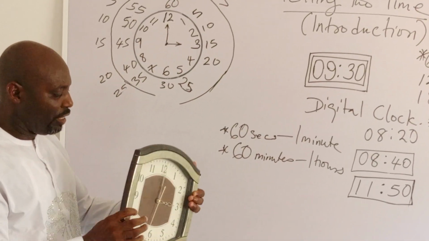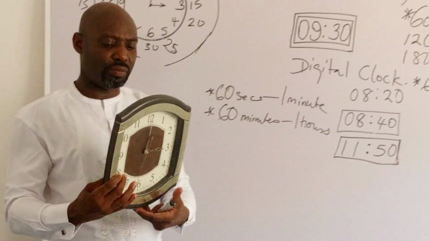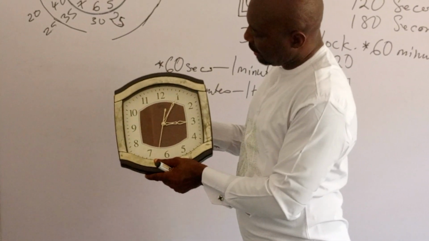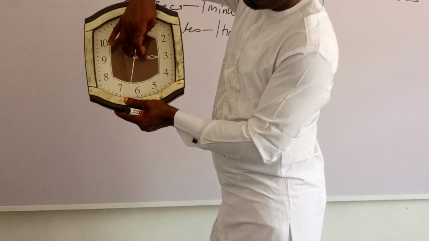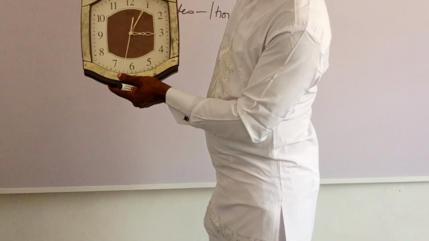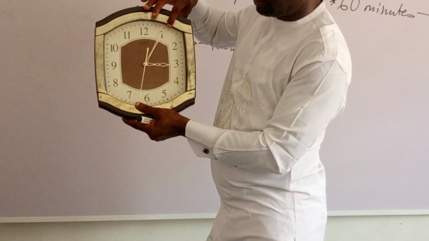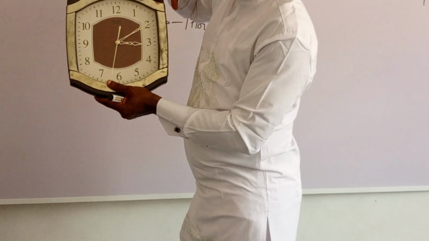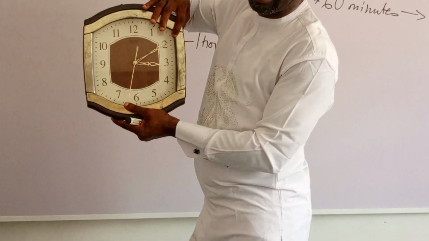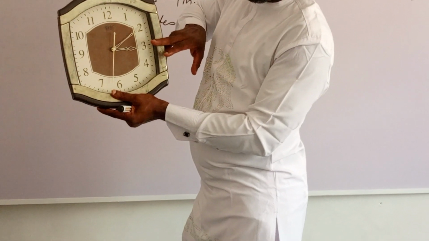So if it has moved now, this is 5. This hour hand is now leading 3. This is 5 minutes what? Past. It moves again. This is what? 10 minutes past 3.